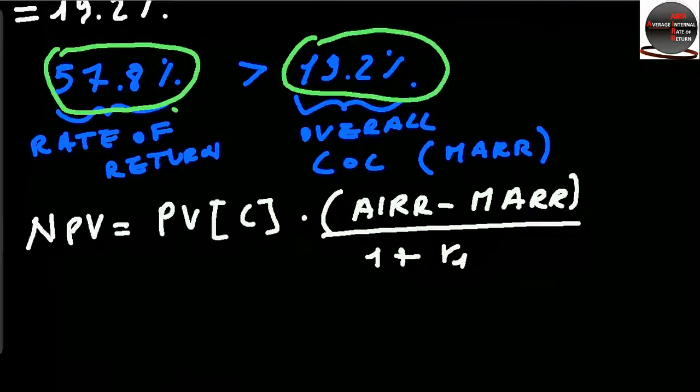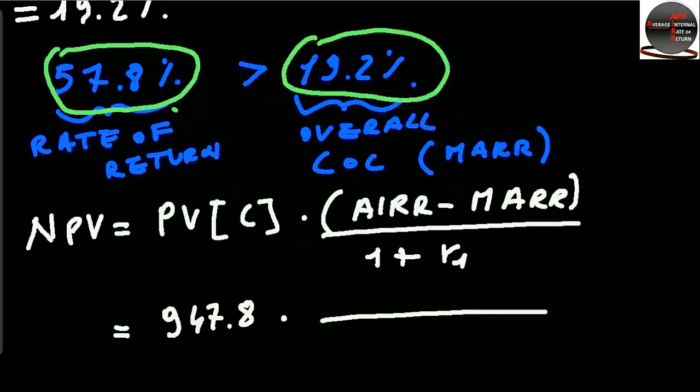In our case, the present value of the capital is 947.8. We have computed this several times. Then we have the 57.8% rate of return.